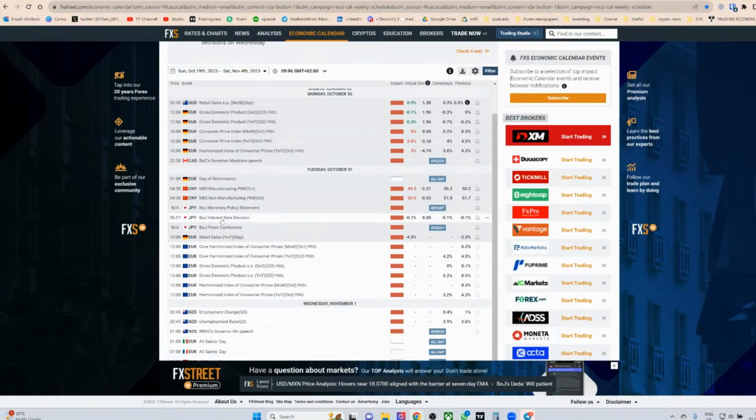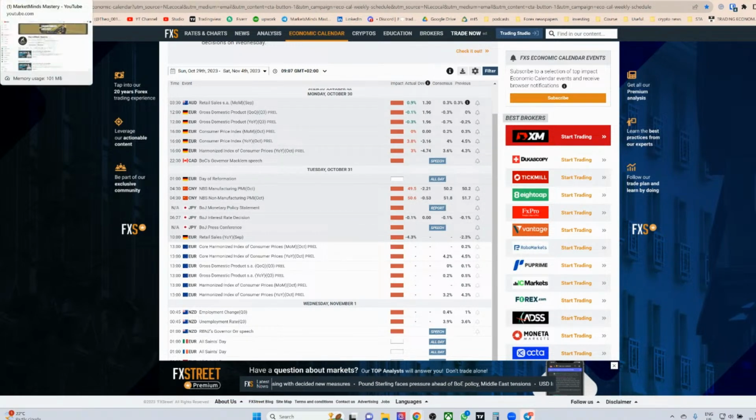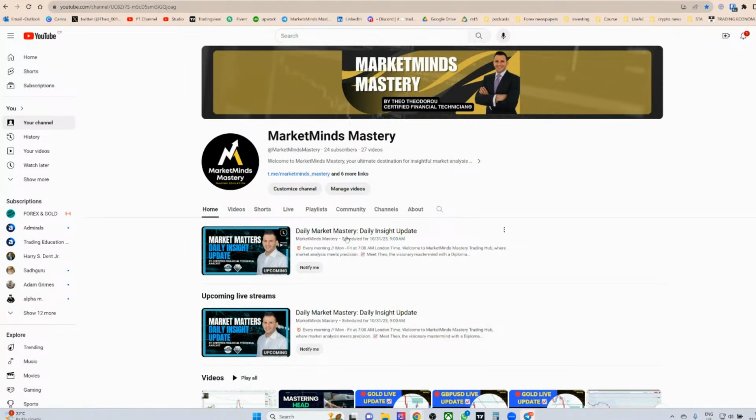And early this morning, the major event was the interest rates in Japan, and of course they kept them unchanged. And when they kept them unchanged, there is a tendency for the Japanese yen to get weakened.